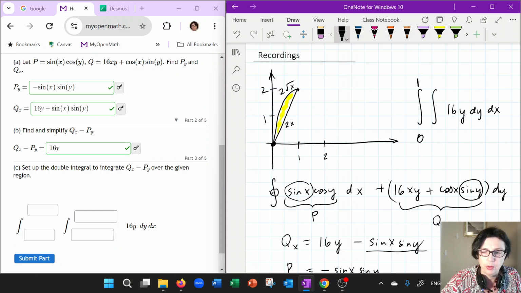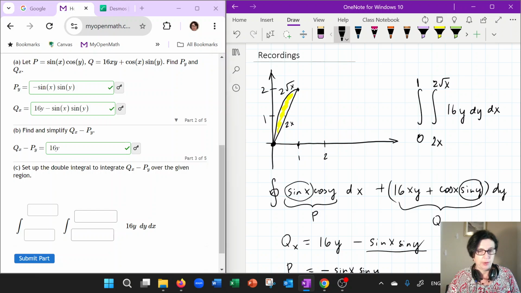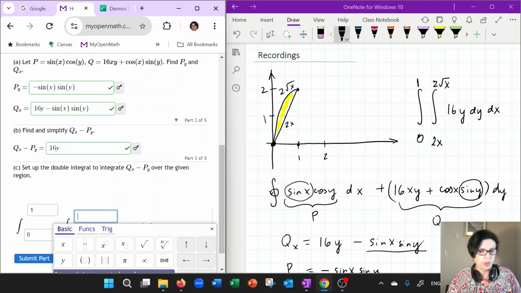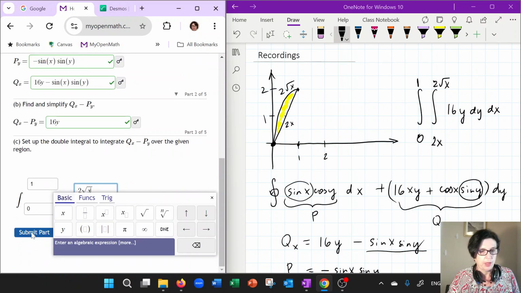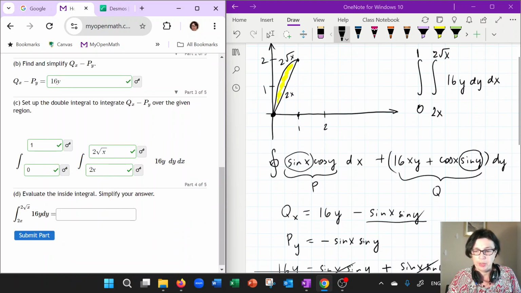So this will be 0 and this will be 1 right here. Now, for y it'll be bottom curve to top curve. It is pretty easy to see that the bottom curve is 2x and the top curve is 2 square root of x. So this will be 0 to 1, and then 2x to 2 square root of x.